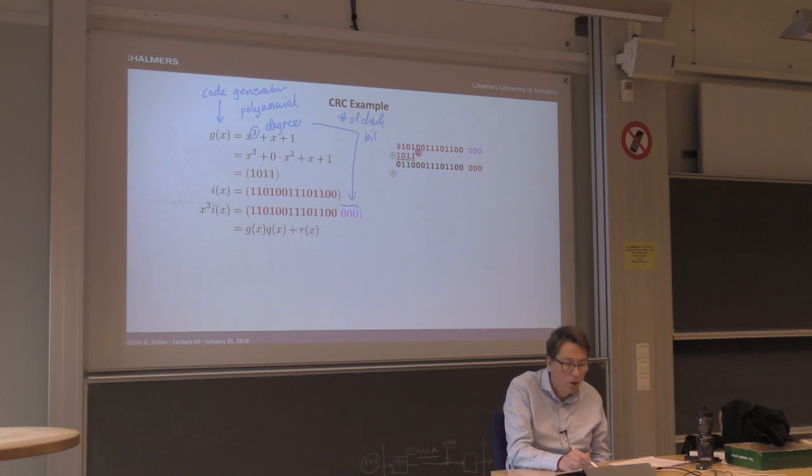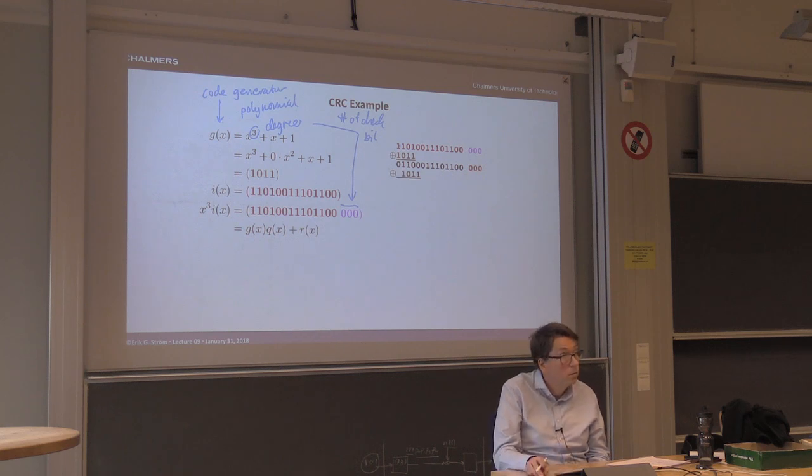So we take G and position that so the first one in G is just below the first one in what's above it, like this. And then we add the result, and we get this. We position G, and we add. Position G, we add. And luckily here we got a lot of zeros here.